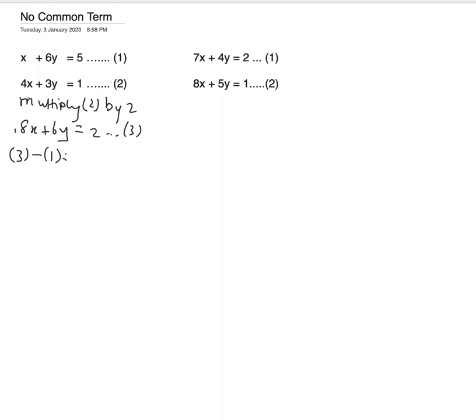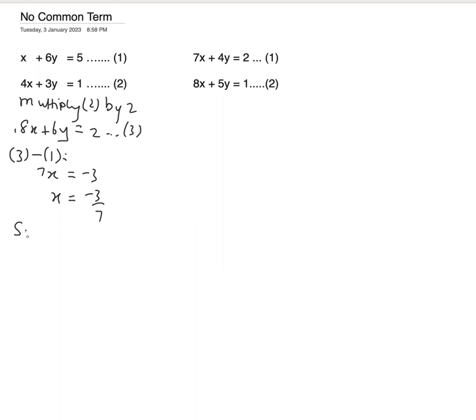So we have 8x minus x to give us 7x. And obviously, the common term disappears. And we have 2 minus 5, which is minus 3. And x is negative 3 over 7.